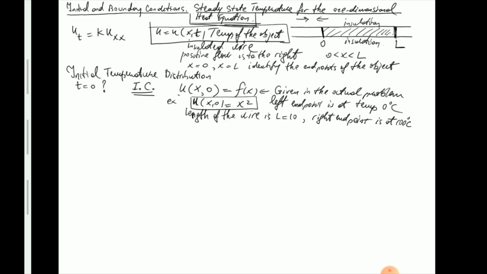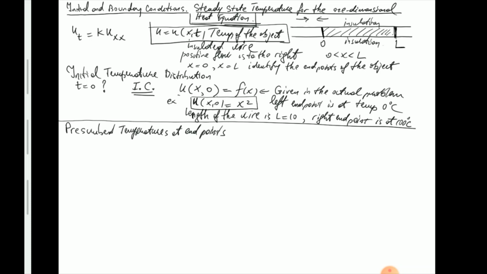Then, like I said, you have various conditions on the actual boundary of the object, when x equals 0 or x equals L. And these boundary conditions can take various forms. You can have, for example, prescribed temperatures at endpoints.